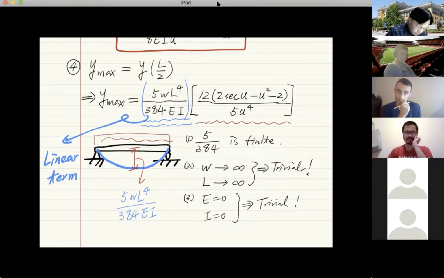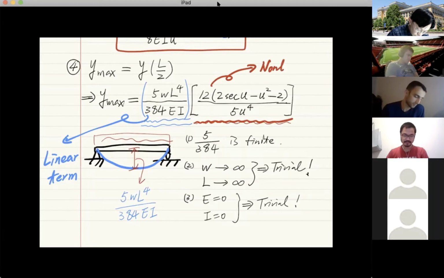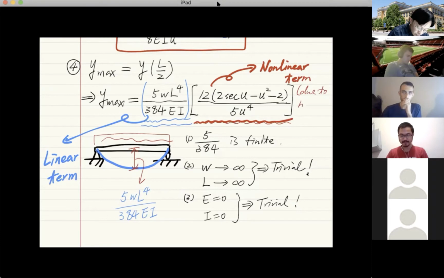And the second part is what we call the nonlinear effect. The nonlinear effect in this case is what the buckling force does to the maximum deflection. So you can say this is due to buckling.